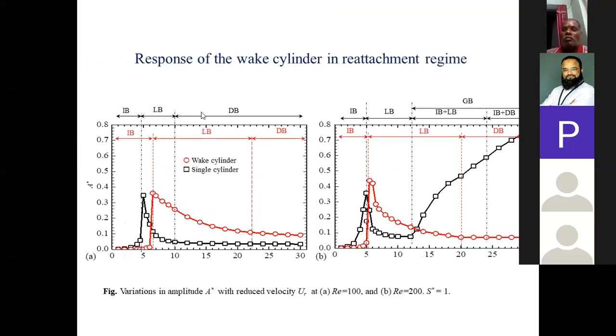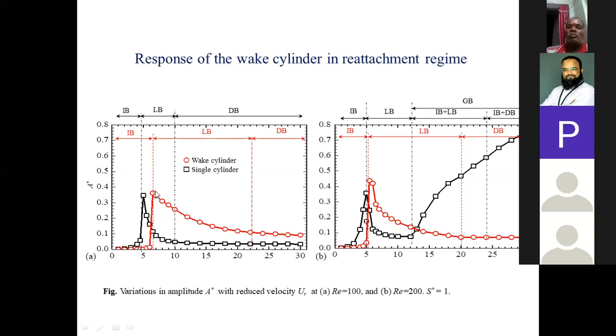When we put this stationary cylinder in front of this vibrating cylinder, you can see here for Reynolds number 100, this first figure, there is not much change. Only the initial branch is delayed because of the presence of this upstream cylinder. This black color is for the single cylinder and this red is for the downstream cylinder in the presence of the upstream stationary cylinder.